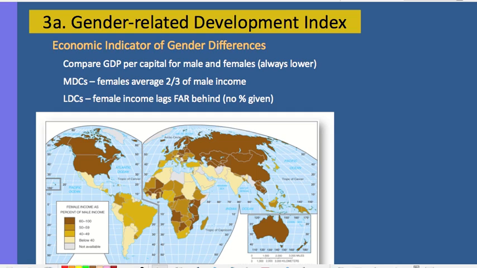There was no given percent. But then you look here, you've got 60 to 100% of what a male would earn for a particular job, and even below 40%, largely North Africa, Middle East, into South Asia, and down a little bit into Southeast Asia. Also in Latin America.